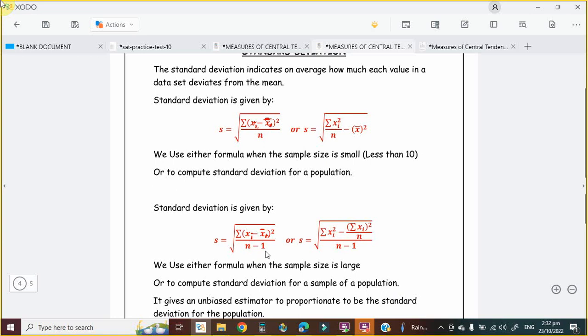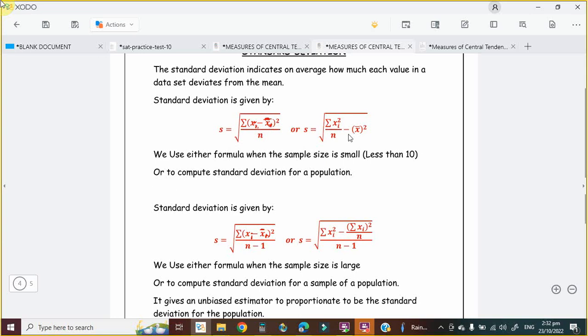So instead of dividing by 900, we divide by 899. So we use it when we're finding the standard deviation for a sample, as an unbiased estimator of the standard deviation for the population. All right? So we'll use this one for a sample and this one for the entire population. Is that okay?